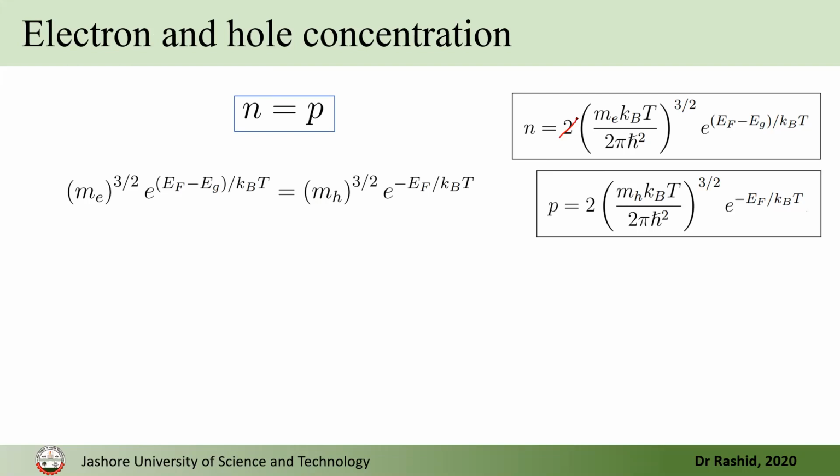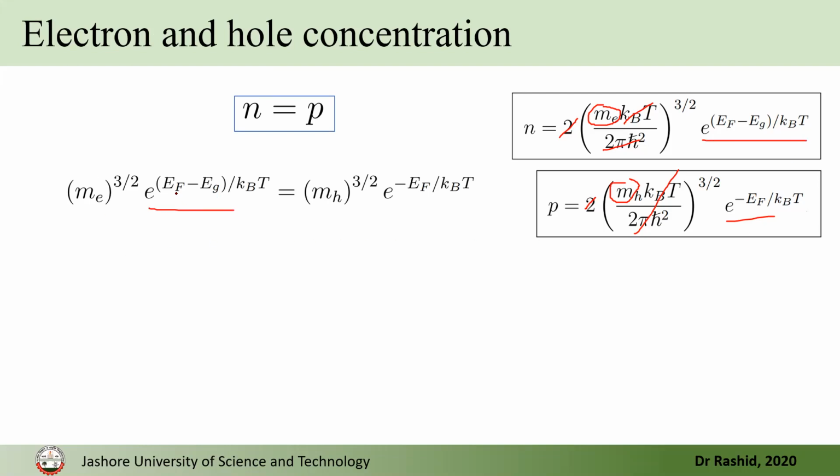Here, both of the two cancel out. This one, this, and this cancel out, leaving MH and ME, and also this term and this term remain. So we have this one.